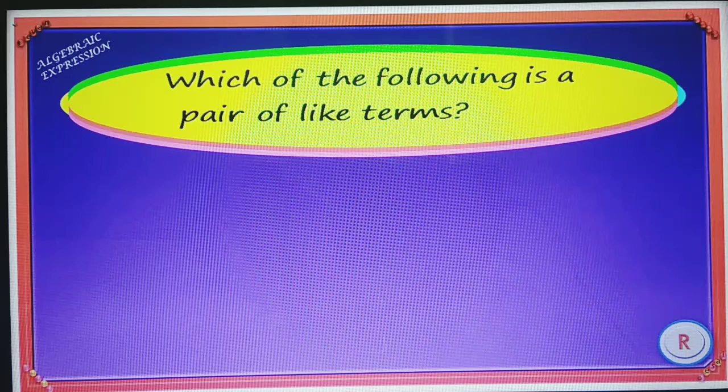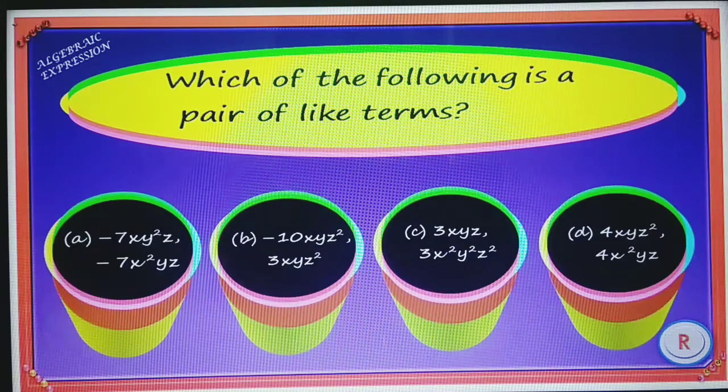Which of the following is a pair of like terms? Your options are: option A, minus 7xy square z, minus 7x square yz. Option B, minus 10xyz square, 3xyz square.